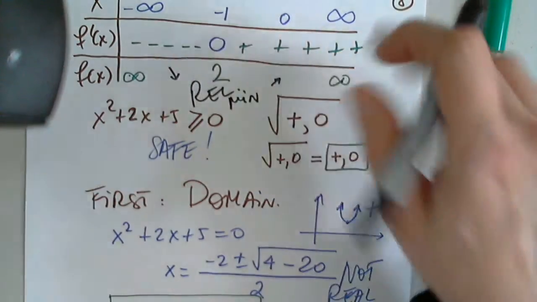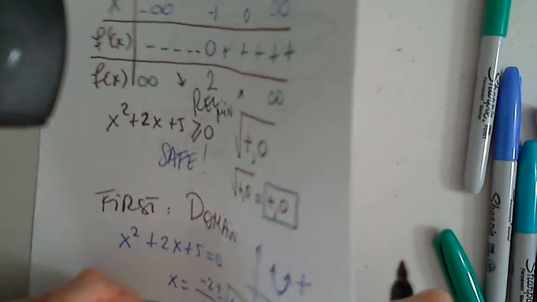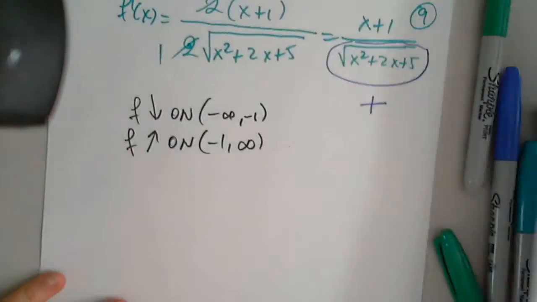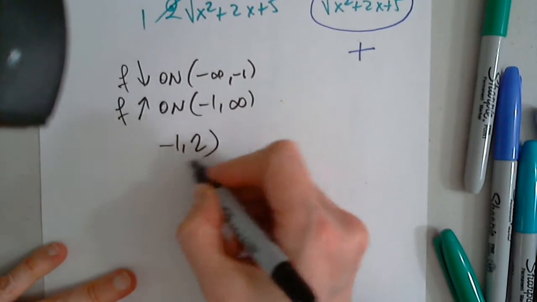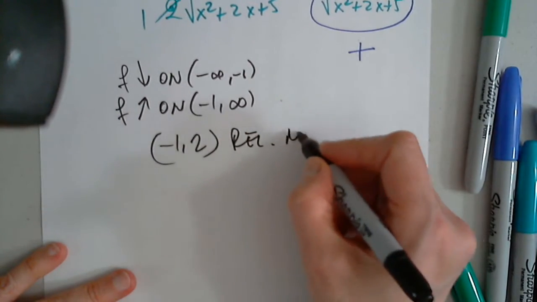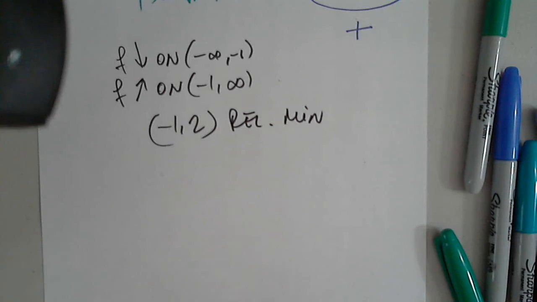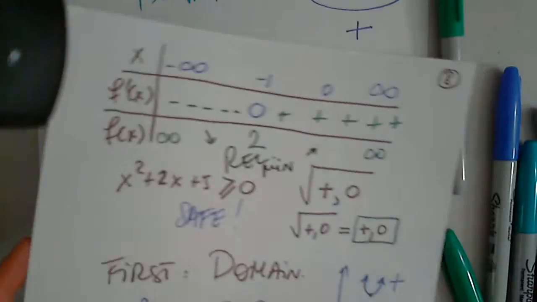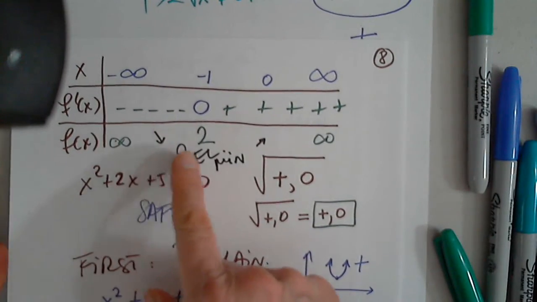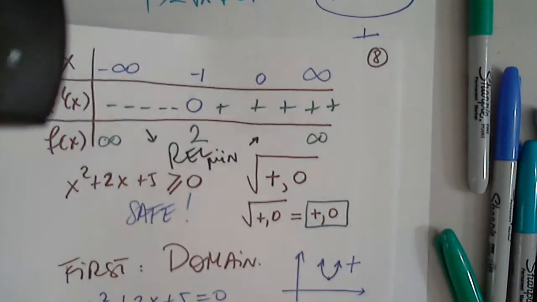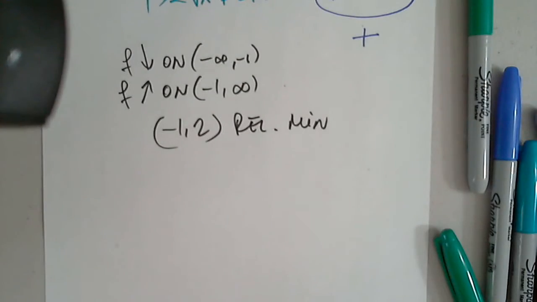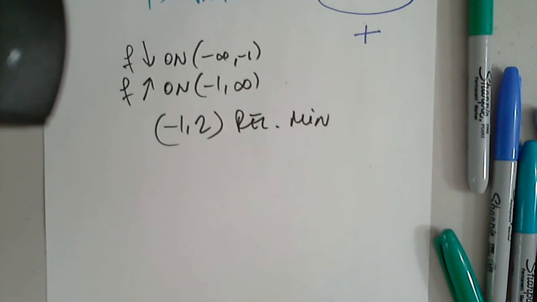Very good. So -1, 2 is indeed a relative min. Because the function is decreasing till this point and increasing afterwards. So this must be a relative minimum. Very good. Okay.